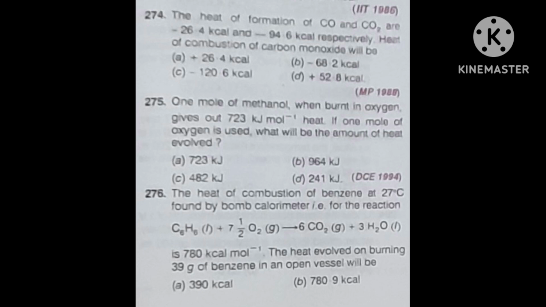But here, oxygen is in a standard state. Its value is not given, so you have to consider it 0. Correct? Oxygen O2 is in a standard state. Its value will be 0. Then you only have to simplify it.